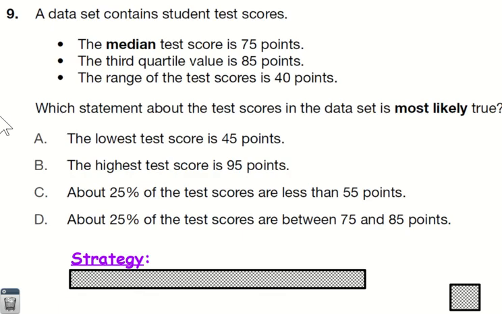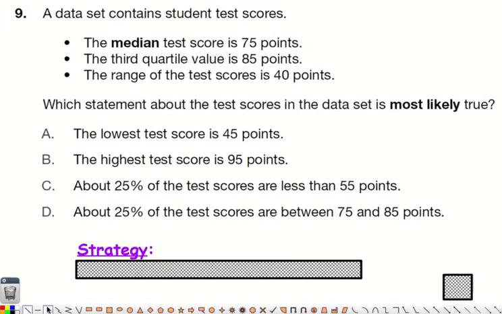Number 9, a data set contains student test scores. Good for the data set. So student test scores. The median, that's an important word, the median or the middle score is 75 points.